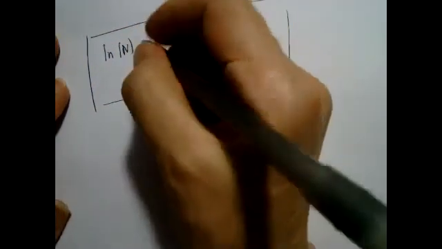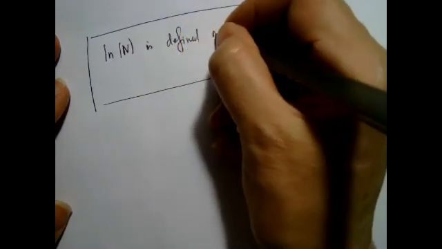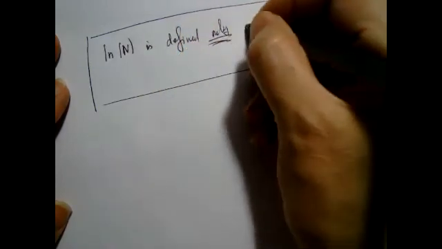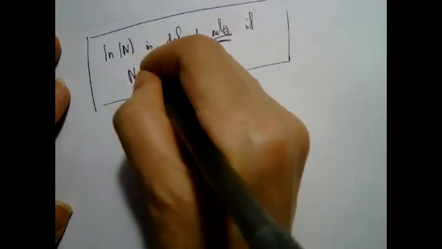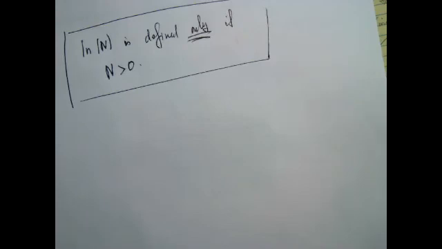So ln of n, in general, makes sense only if n is strictly positive. That's the domain. It means it cannot have a negative value.